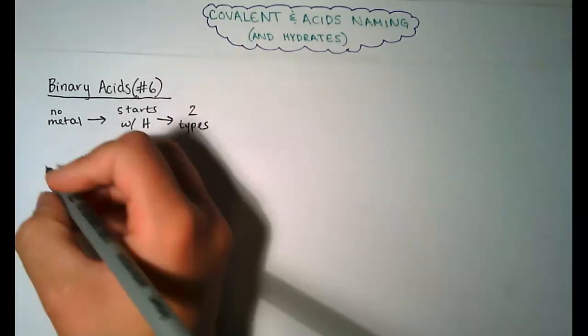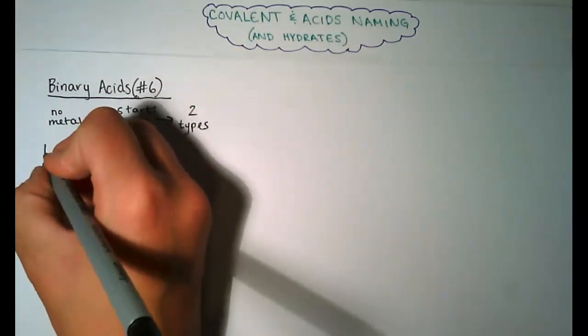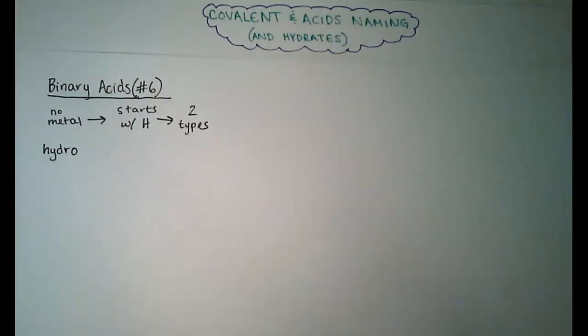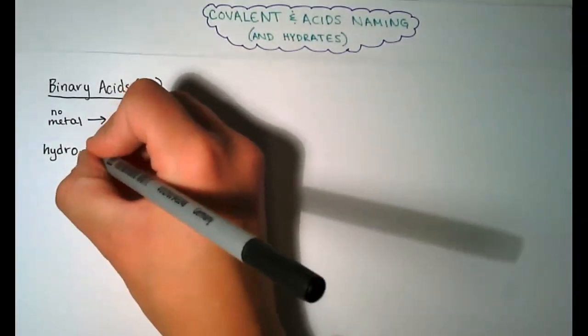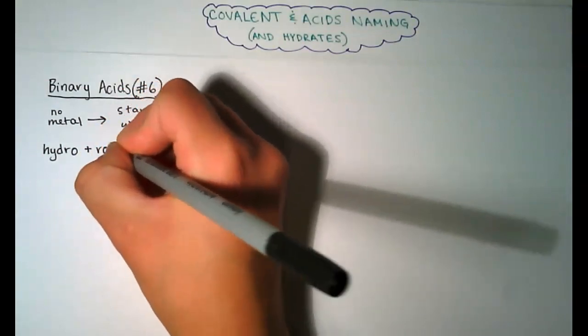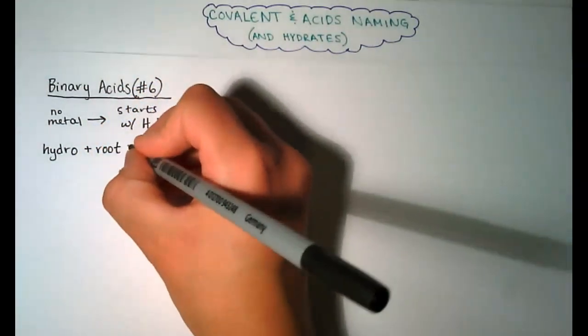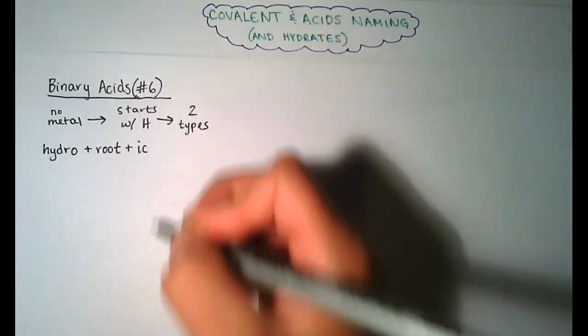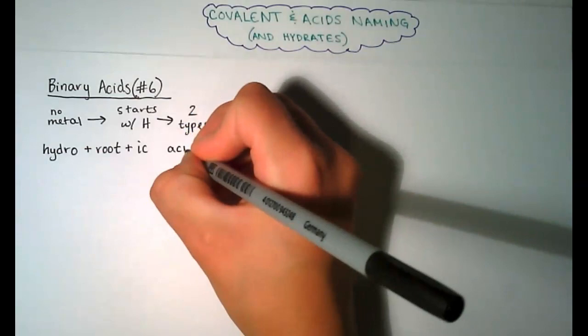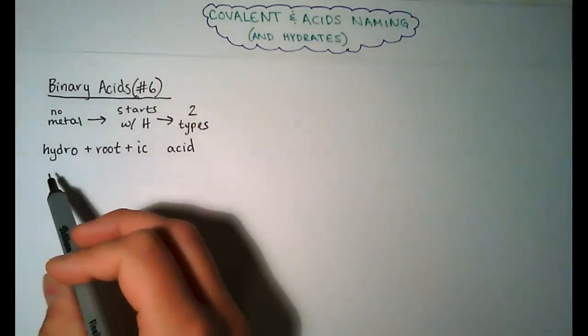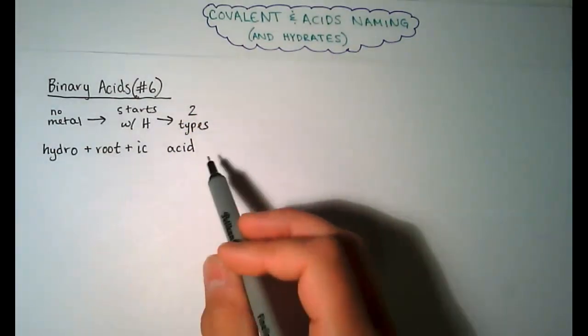And so for binary acids, we use that prefix hydro to indicate that it is an element bonded to the hydrogen. And then we put the root of that element name, and then we put ic on the end of that. And then as a separate word, we put the word acid. So it's hydro plus the root, ic acid.